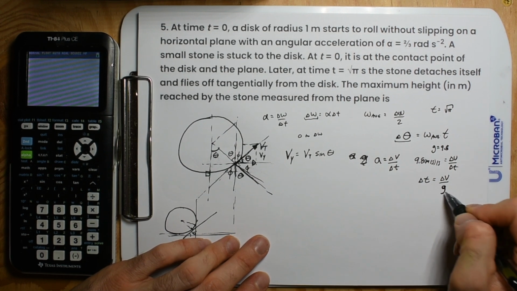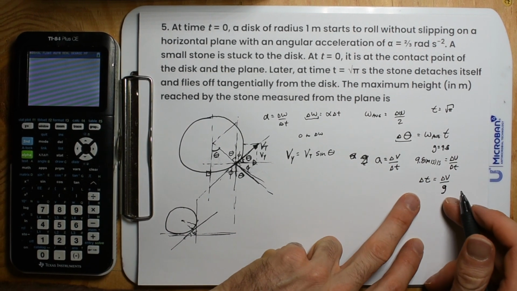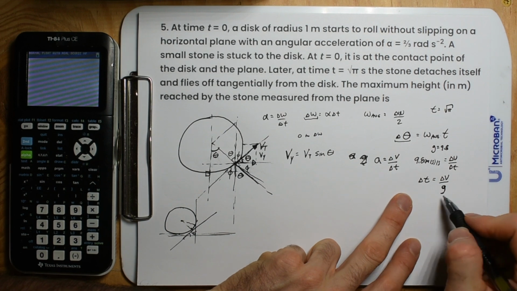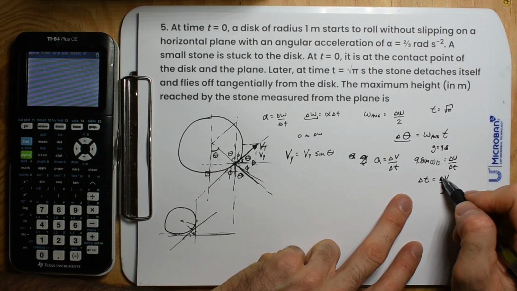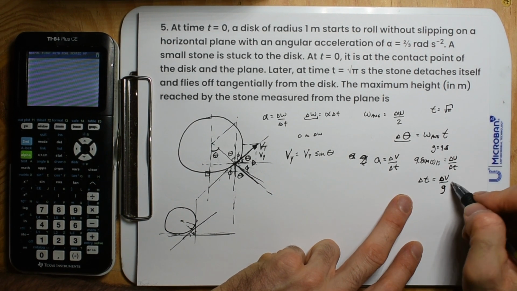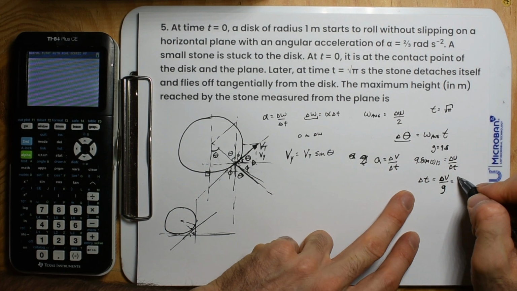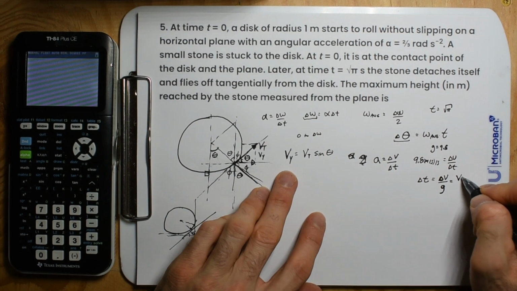And the change in tangential velocity, we're going from max to 0. So this change in velocity is just Vy.